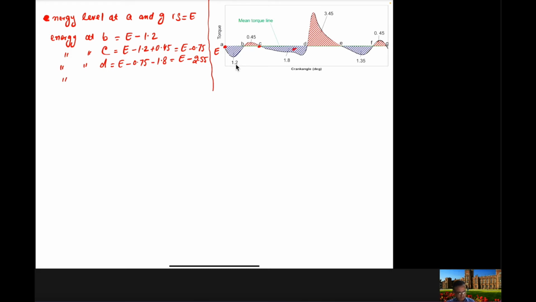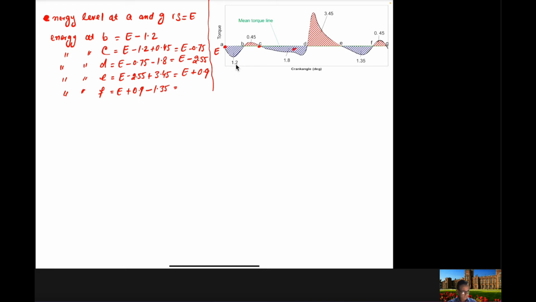And now you need to calculate the energy at E. So the energy at E is again the energy at D, which is E minus 2.55, and then you add this energy, which is 3.45. So this will become E plus 0.9. And finally you calculate the energy at F, which will become E plus 0.9 and then minus 1.35.